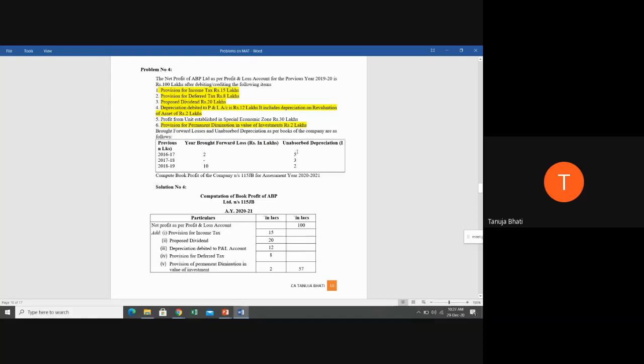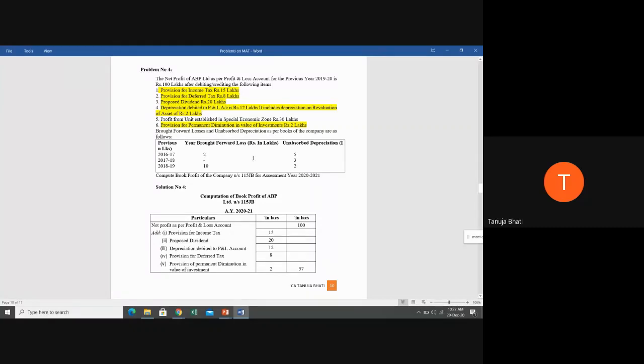In case of unabsorbed depreciation, the total is 5 plus 3 plus 2, 10. So which figure are you going to minus? Whichever is less. This is 12 lakhs, this is 10 lakhs. So we are going to minus 10 lakhs since 10 lakhs is less. Always in case of brought forward loss or unabsorbed depreciation, take whichever amount is less.